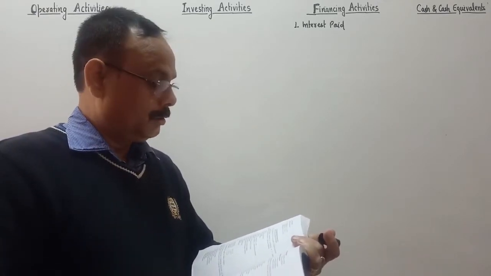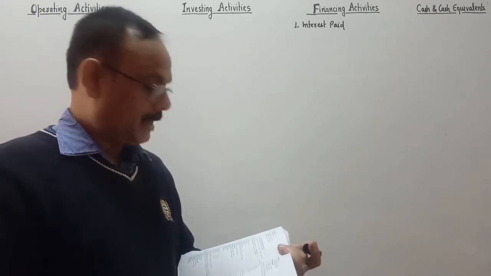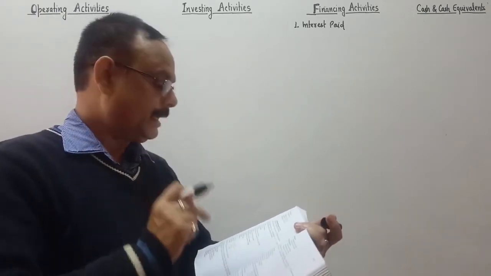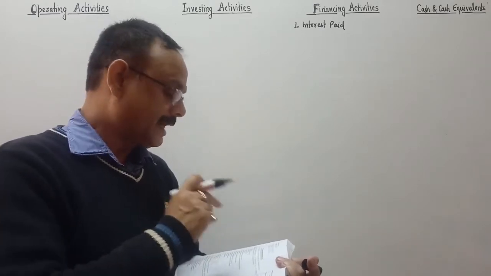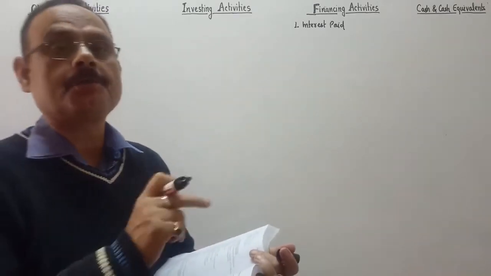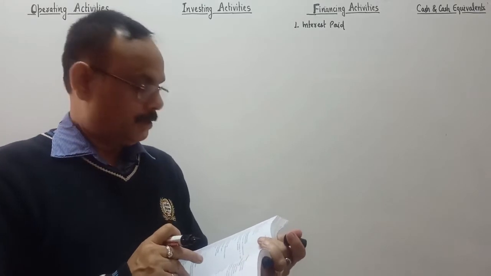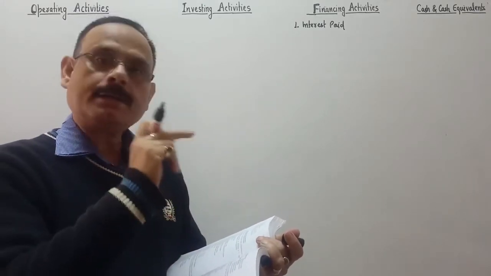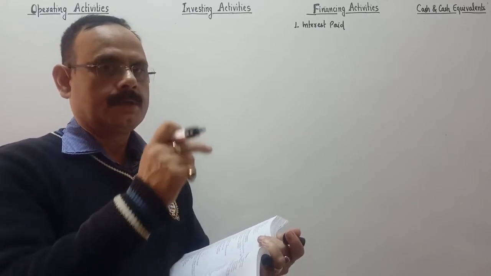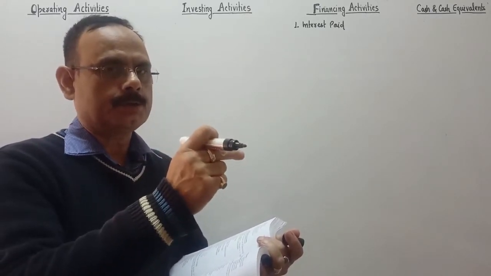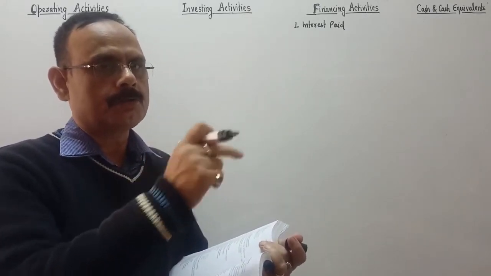The second one is interest paid on long-term loans by A, a finance company, and B, a non-finance company. So in the second transaction, there are two cases: one for a finance company and another for a non-finance company.